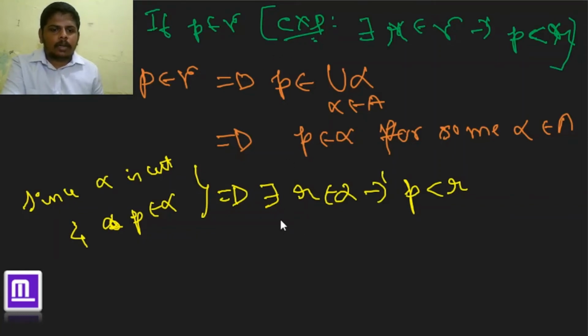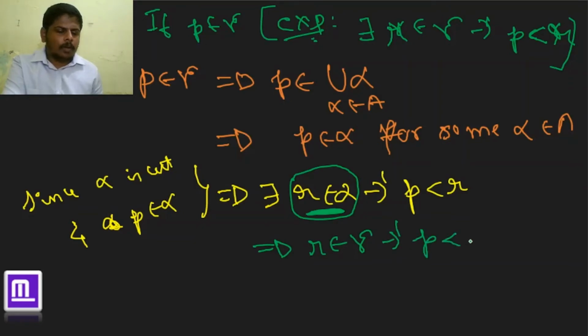This is important. This implies r belongs to gamma such that obviously p is less than r. If it is in alpha, then it is also in gamma. It is not a big thing.